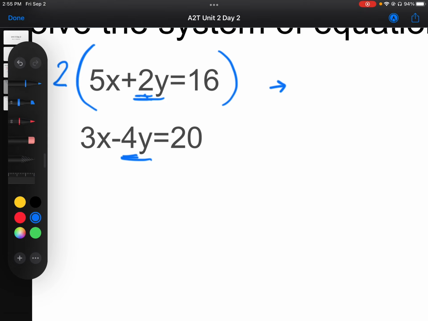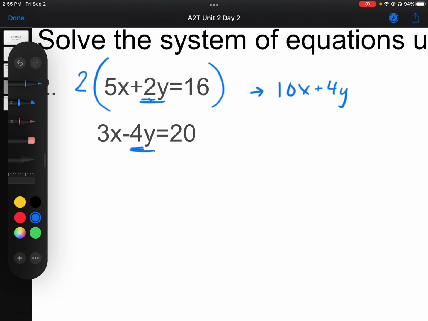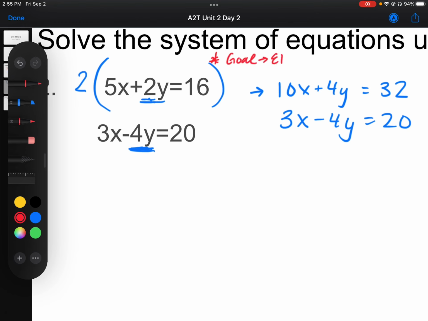So this becomes 10x plus 4y equals 32. Then my second equation, I have the negative 4y. I don't need to adjust it at all. So my goal by doing this was to eliminate the y term first.